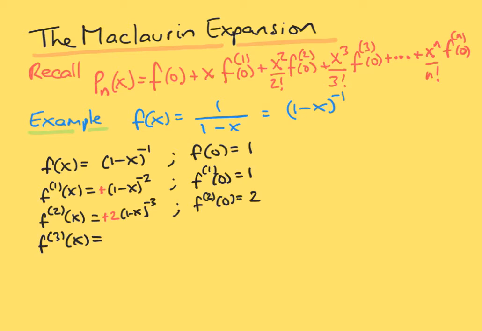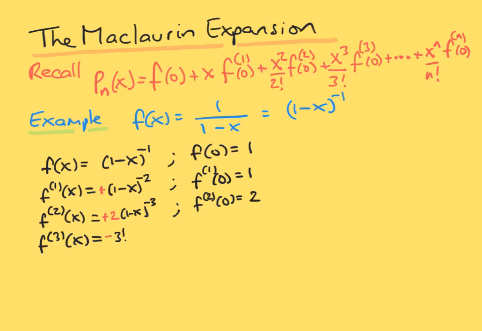So now we're going to look at the third derivative. We bring a minus 3 in front, so we have minus 3 times 2, so there's a minus sign, and then 3 times 2, well, that's 3 factorial, isn't it?